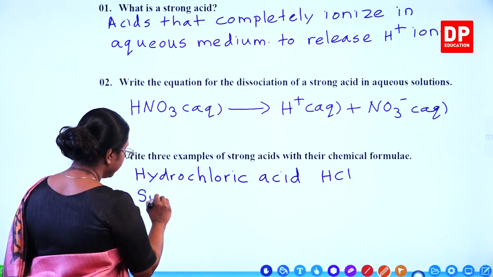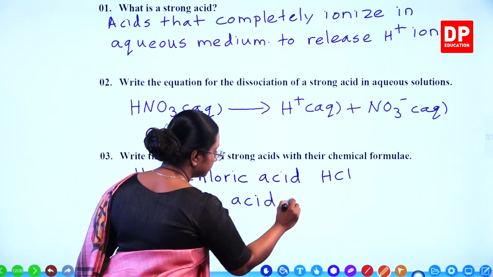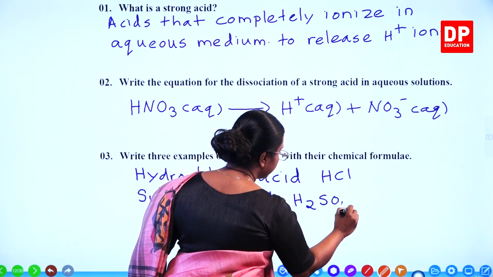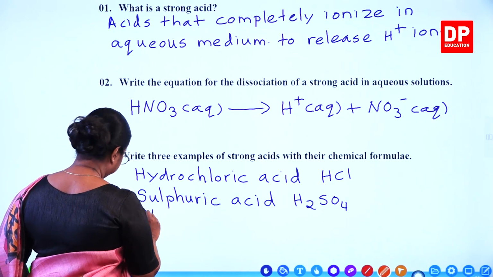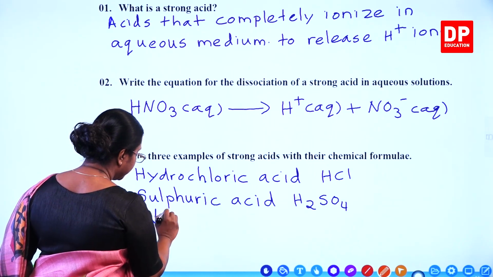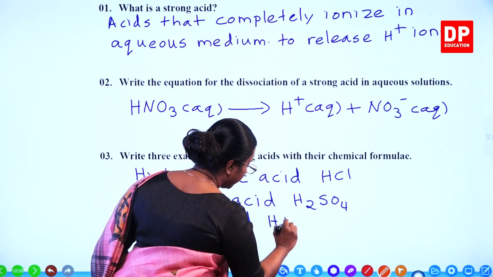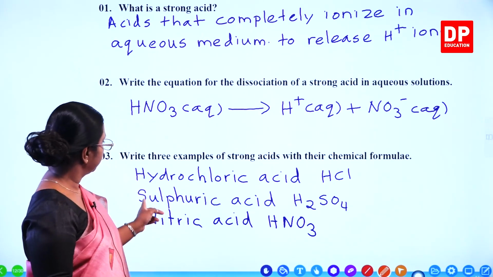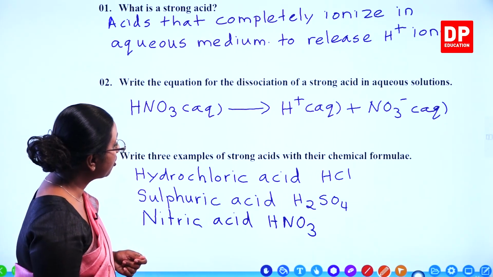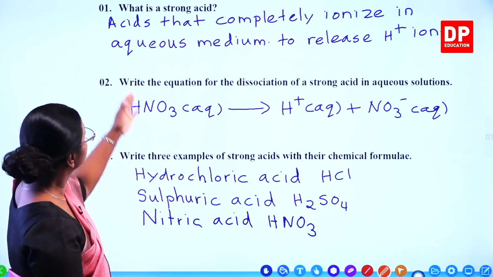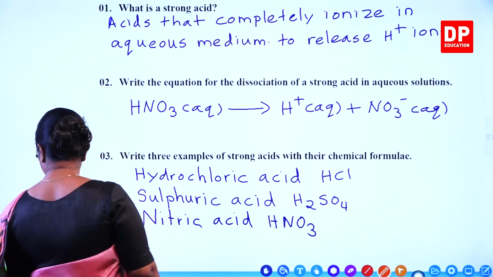Then we have sulfuric acid, H2SO4 and nitric acid, HNO3. So, hydrochloric acid, sulfuric acid and nitric acid. 3 examples of strong acids with their chemical formulae. So, I am sure you were also able to write all these. With that, I will move on to the next one.